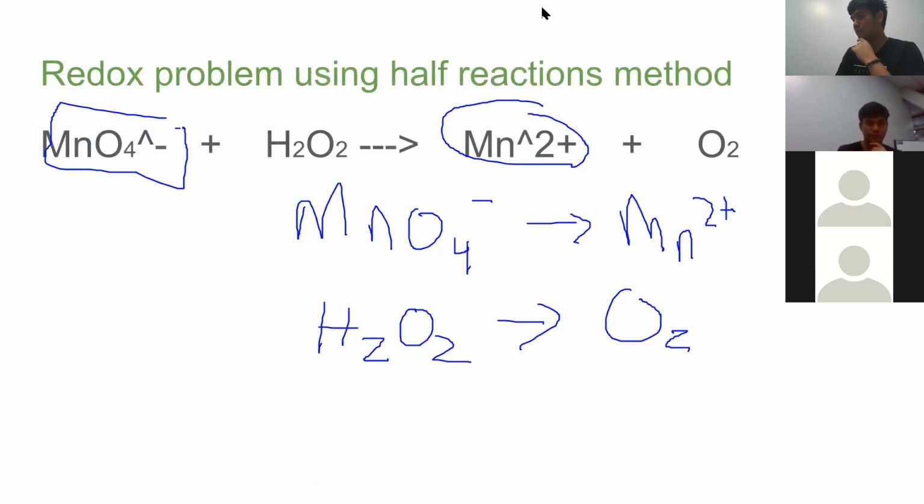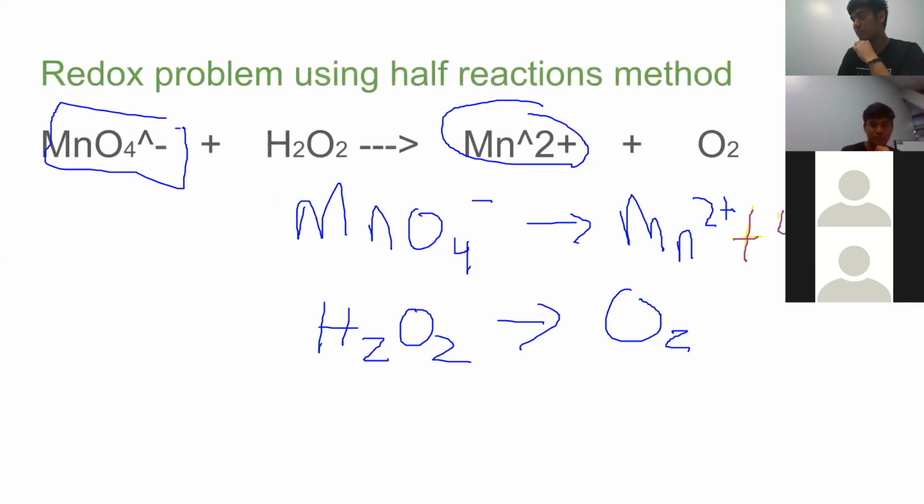So we can look on the left, we see of our first half reaction that we have 4 oxygens, but on the right, we only have 0. So what we do is we add the same amount of water molecules.